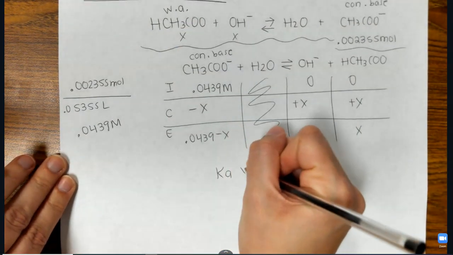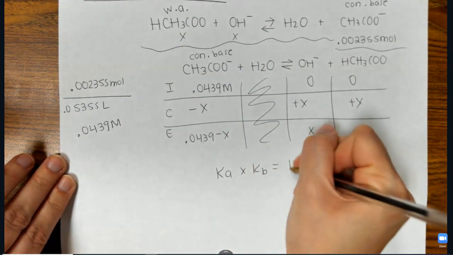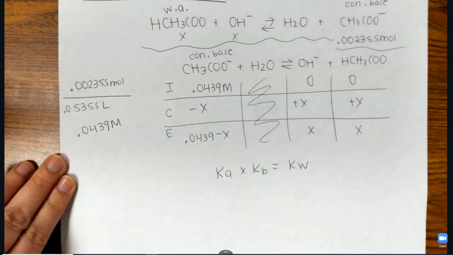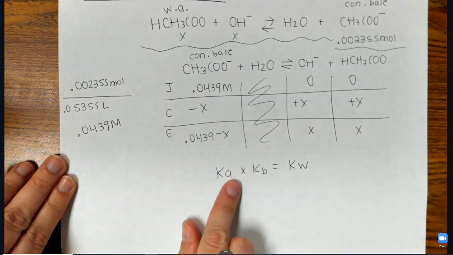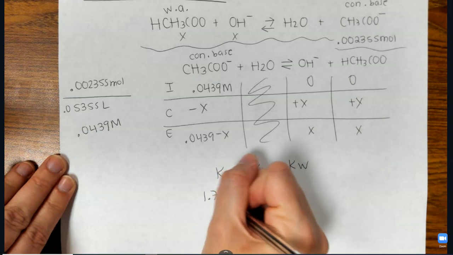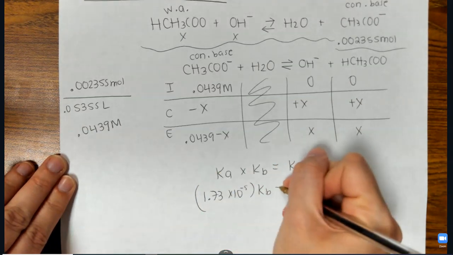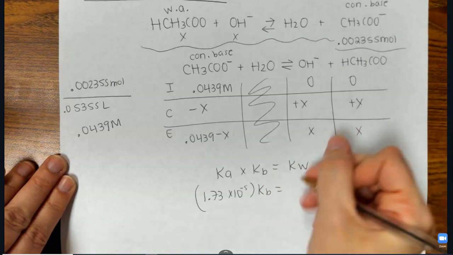And there is a formula, Ka times Kb equals Kw. And that works for an acid and its conjugate base. It also works for a base and its conjugate acid. And so the Ka for this, again, was 1.73 times 10 to the negative 5. We need to find Kb. Kw is for water.